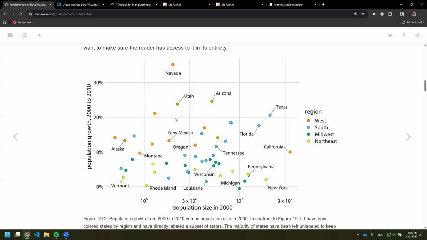Like, here you could have maybe large states that are growing quickly, Texas. You could have small states that aren't growing much at all, Vermont. And you could highlight those individually if there's a story you want to tell. But here, I think you achieve the goal of being able to show all of the states in one plot, and then be able to see maybe some information about them. But of course, it's not perfect.